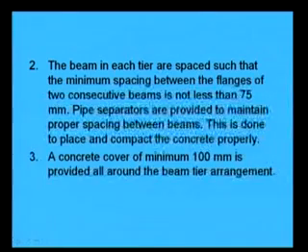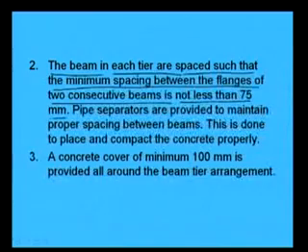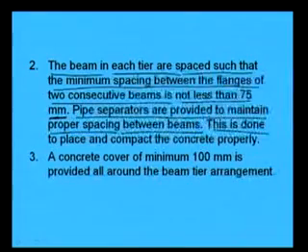Next, the beams in each tier are spaced such that the minimum spacing between the flanges of two consecutive beams is not less than 75 millimeters. Pipe separators are provided to maintain proper spacing between beams. This is done to place and compact the concrete properly.